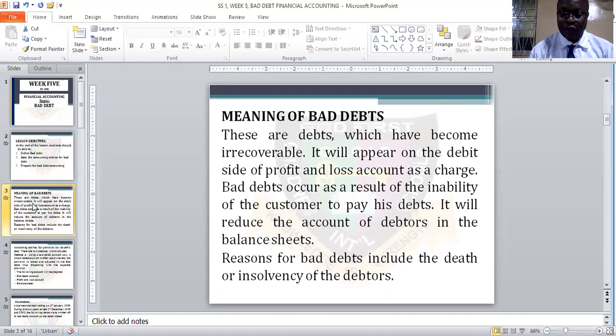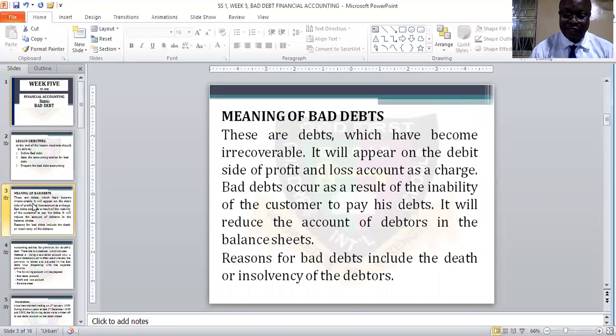So the debtor finds it difficult to pay his normal debts, and this will reduce the debtors account in the balance sheet. When we get to the balance sheet, the debtors account will be reduced as a result of the bad debt.